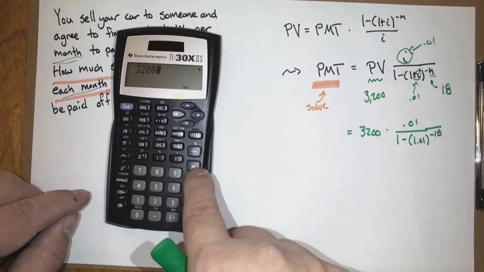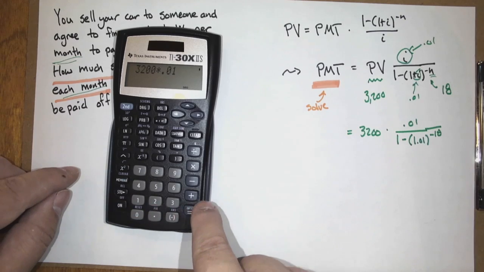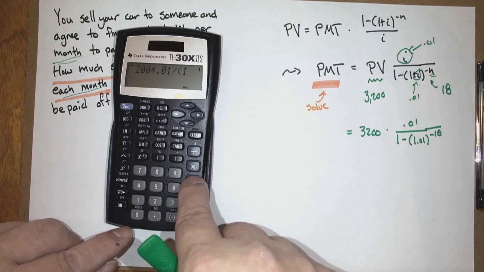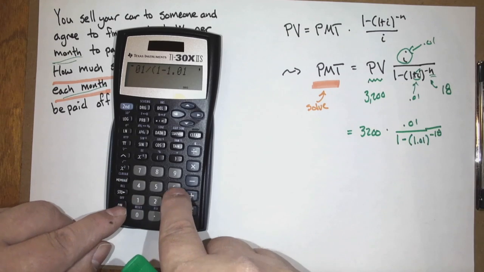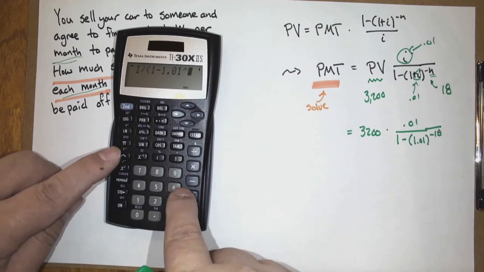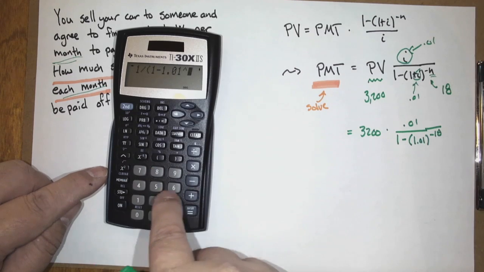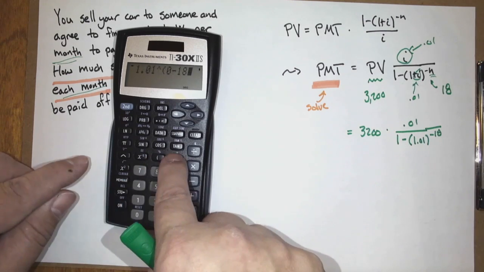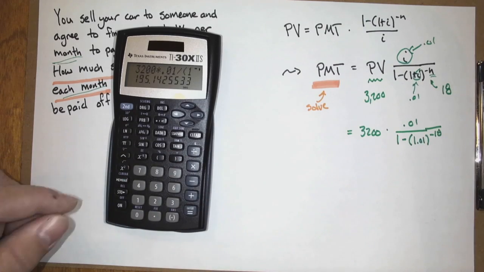3,200 times 0.01 divided by 1 minus 1.01 to the power 0 subtract 18. Ha ha ha. Shouldn't have to do that, but.